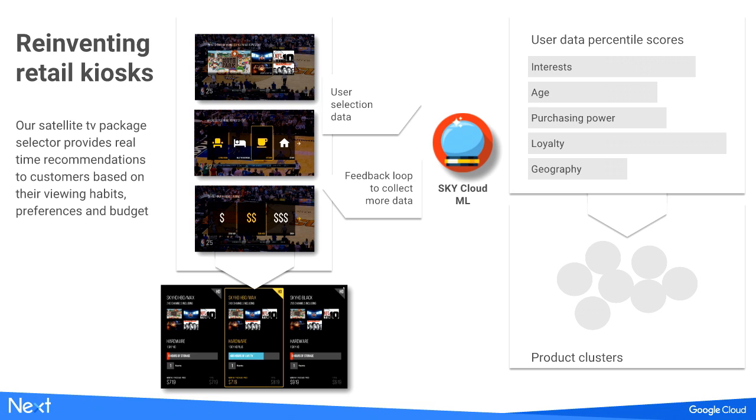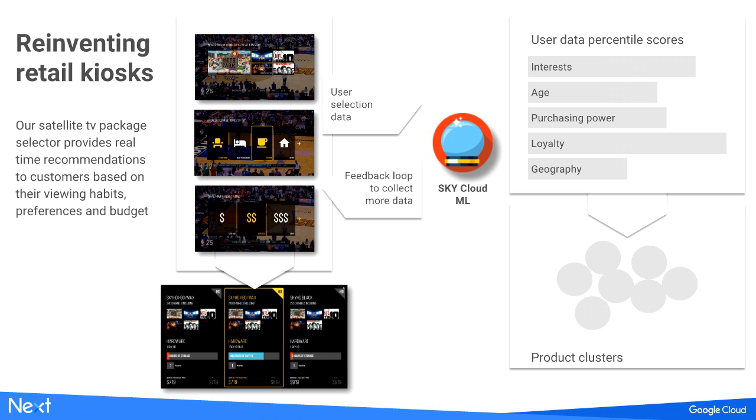Over the years, they've got lots of sales data about which television package was sold to which area, but they don't have any data on which type of people are interested in sports packages, HBO, or reality TV.